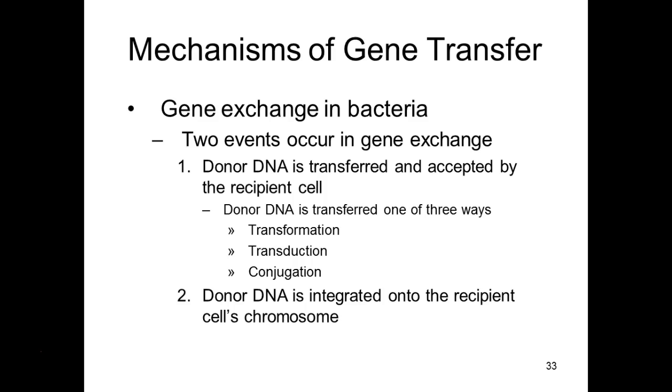How it gets there, whether the donor picks it up from the environment in the case of transformation, or a virus transmits it from the donor to the recipient, or the two cells hook up to each other within conjugation. The final step, though, is that the recipient has to actually keep the DNA.